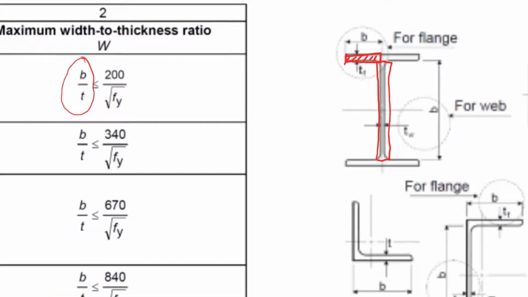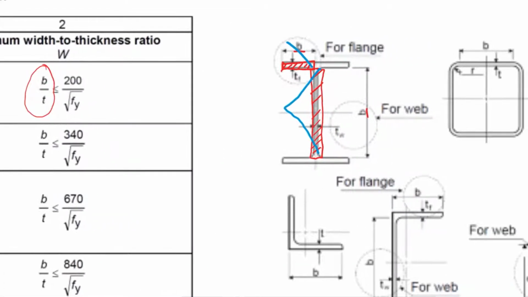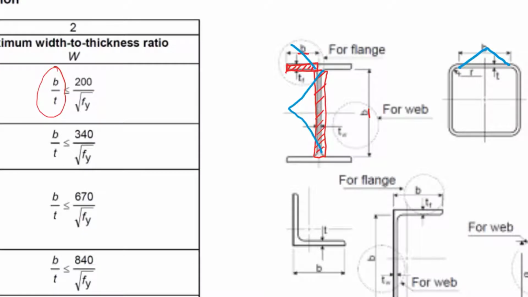And look at the different B values you use. You're just looking at whether some section along the way would experience local buckling, for instance, local buckling like that, or like that, etc.